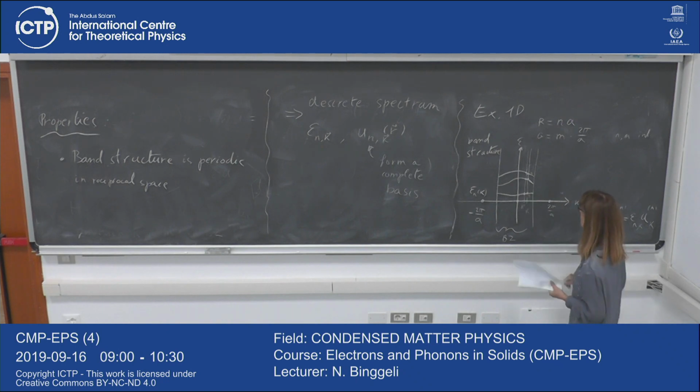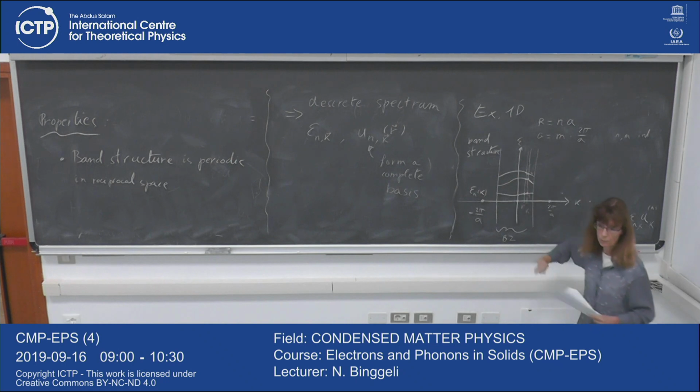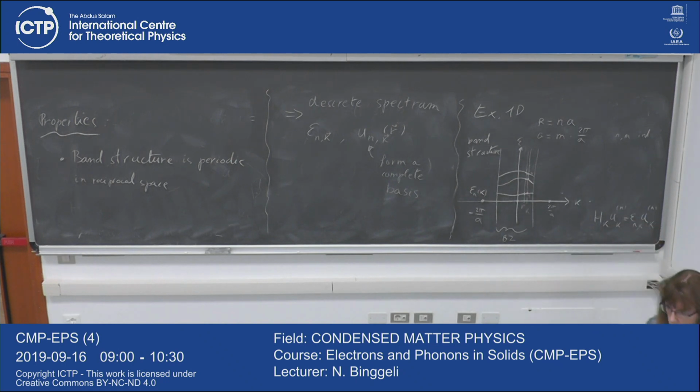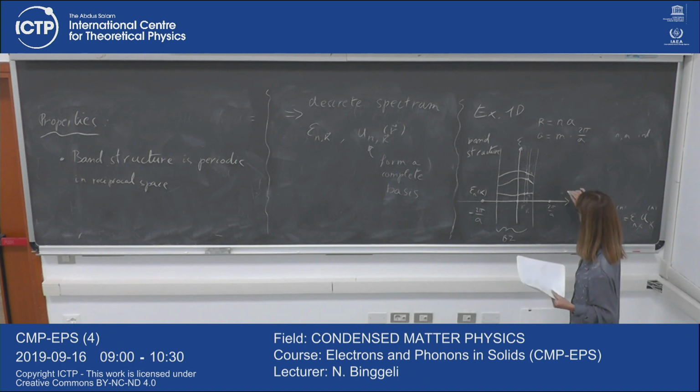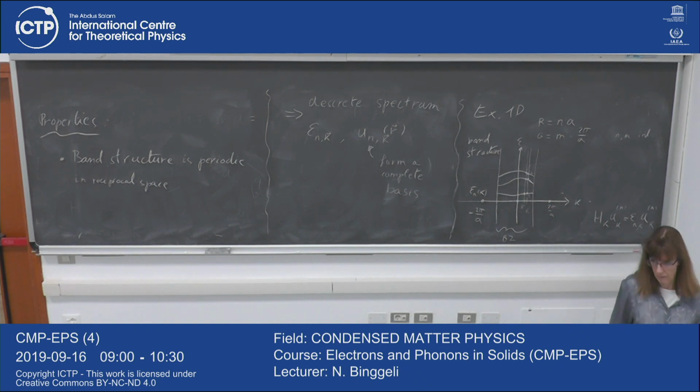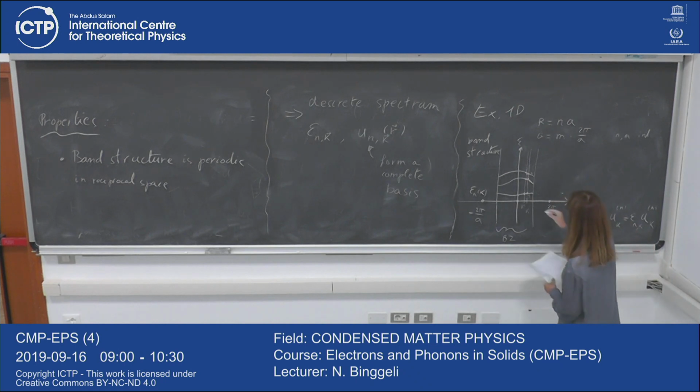So basically, we obtain the full spectrum inside the Brillouin zone. So there is a one-to-one correspondence. Any eigenstate outside the Brillouin zone can be written as an eigenstate inside the Brillouin zone, from what we have seen. Obviously, it has the same eigenvalue.